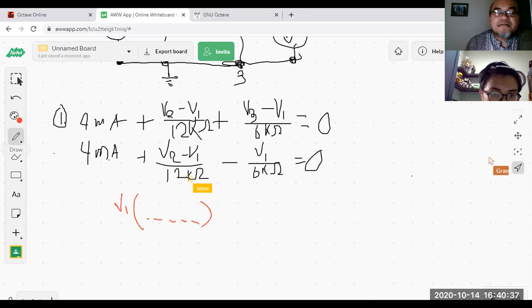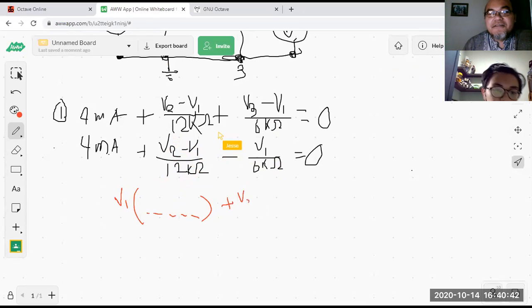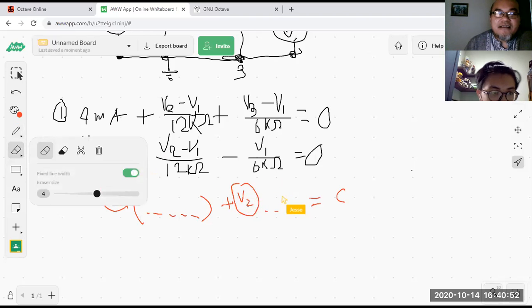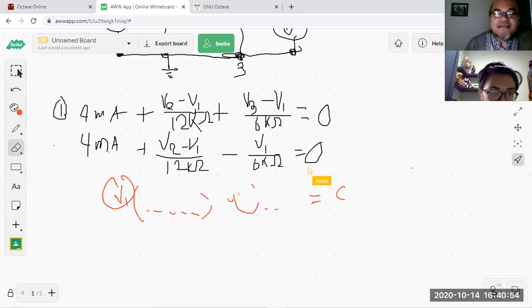But there is still the V2, right, sir? Yes, V2 you put here. So you regroup it as V1, V2, equals the constant, which here is the current source, minus 4 milliampere. Okay, understand.